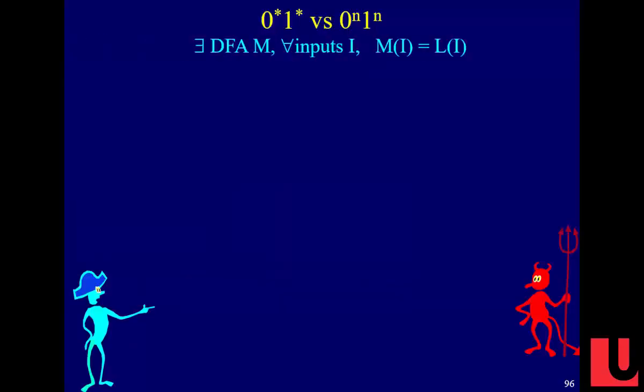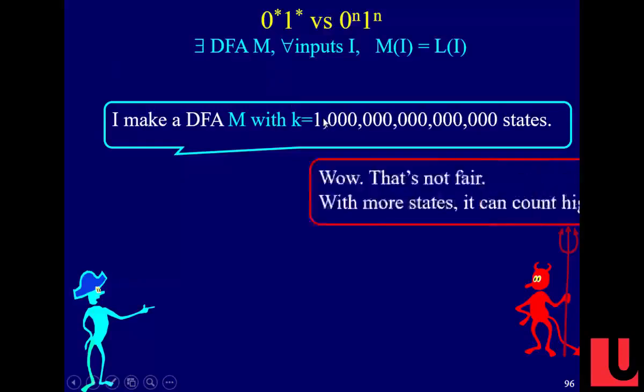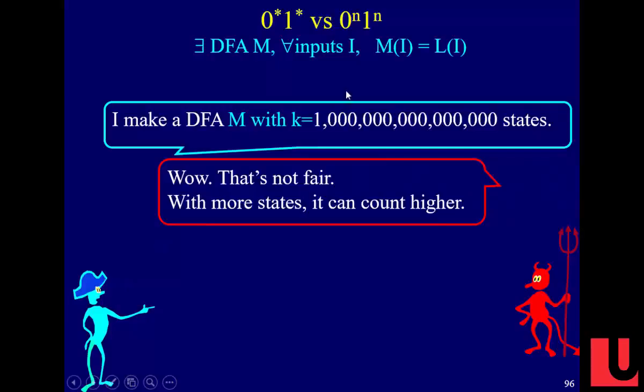Here we can do the same first order logic, because you know I love it. Is it true that there exists a DFA that on all inputs can answer this question? And the answer is no. If one guy comes up with the DFA, then it has some number of states. You give me a DFA, it has a number of states.